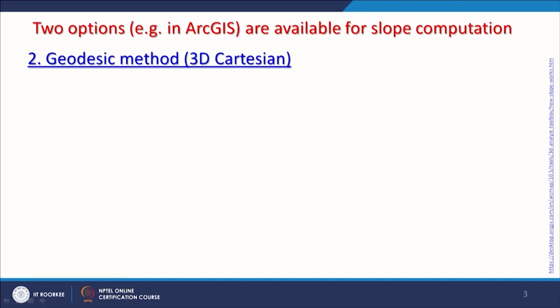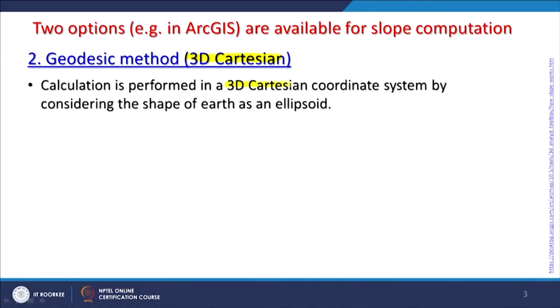Now, another method is the geodesic method or 3D Cartesian method. Here it is not assumed as a plane calculation, but it is 3D. That means the calculation is performed in a 3D Cartesian coordinate system by considering the shape of the earth as an ellipsoid.